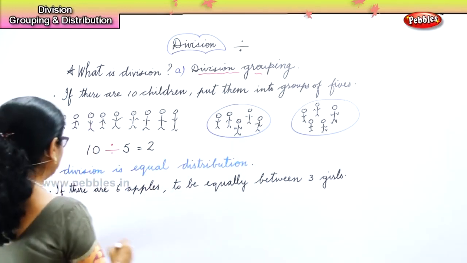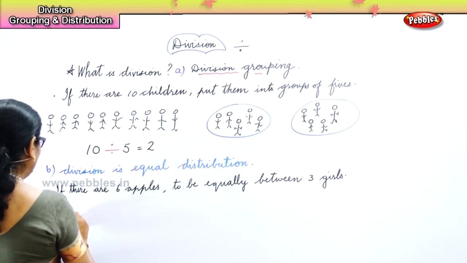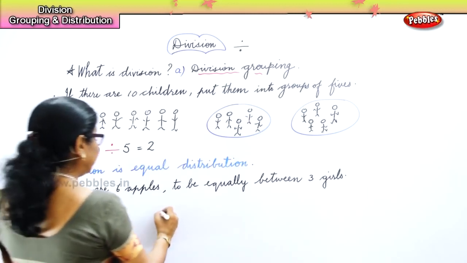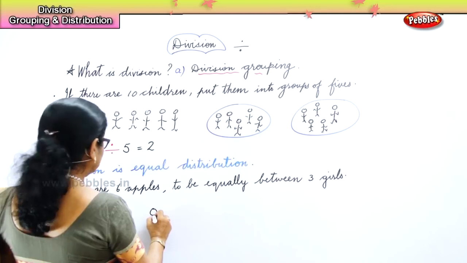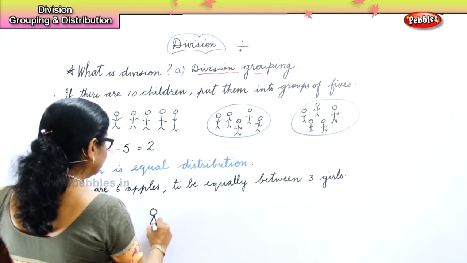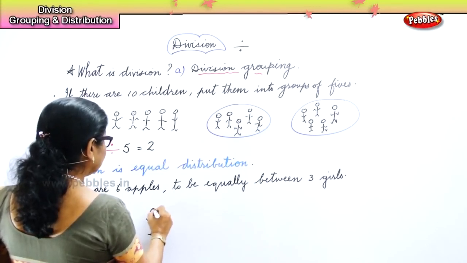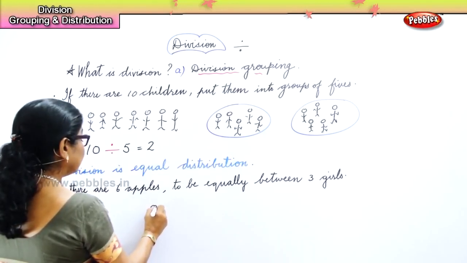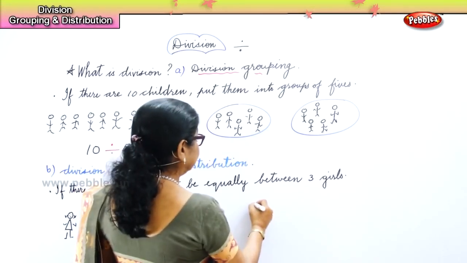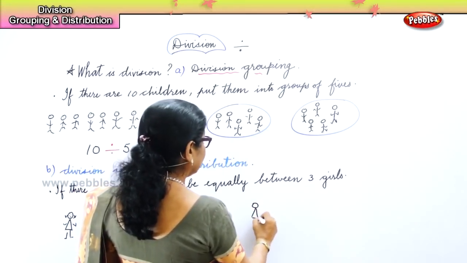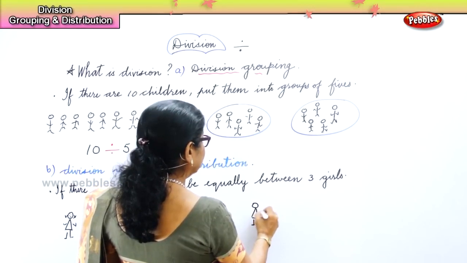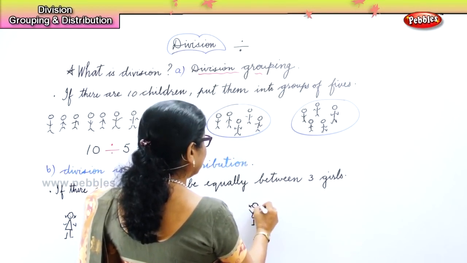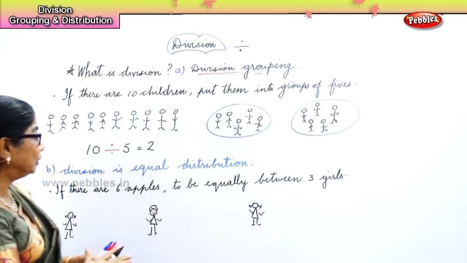Now, here are the 3 girls. 1, 2, and 3. And how many apples do we have?